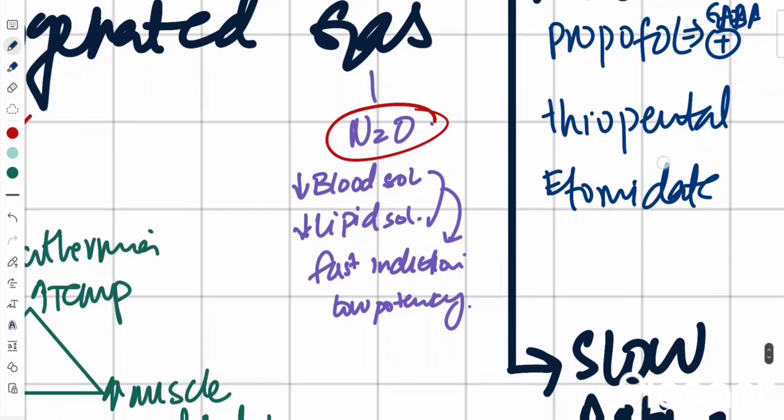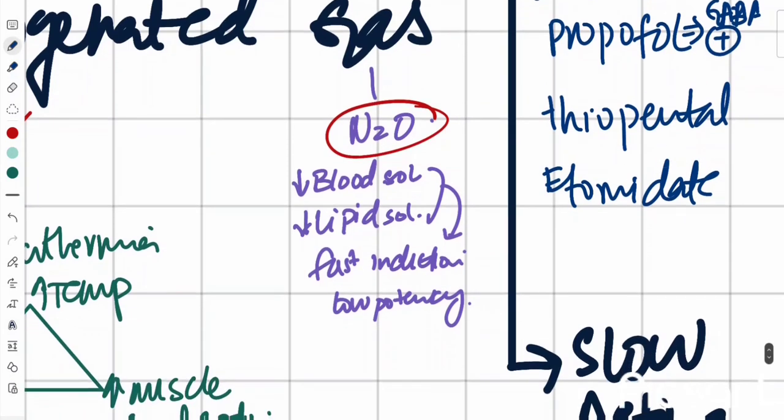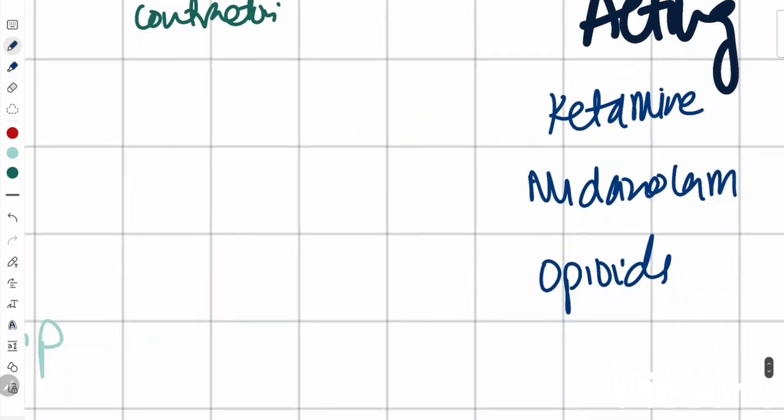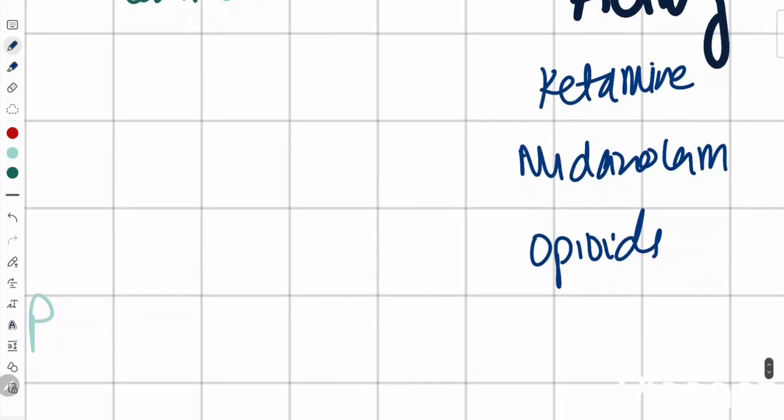Then is thiopental, that is basically a barbiturate. Again, it is used for induction and for very short surgical procedures. Then we have etomidate. Again, etomidate is used for induction. Then we have the slow acting one, that is ketamine. Ketamine is an NMDA antagonist. And for ketamine, the important one is dissociative anesthesia.